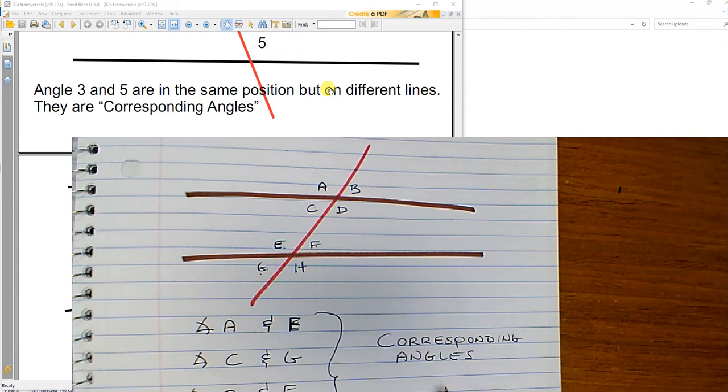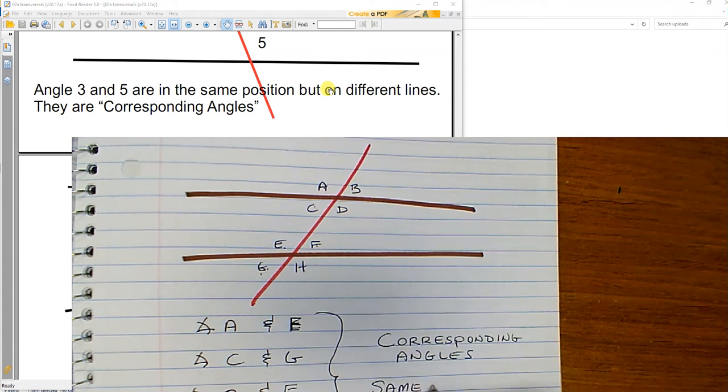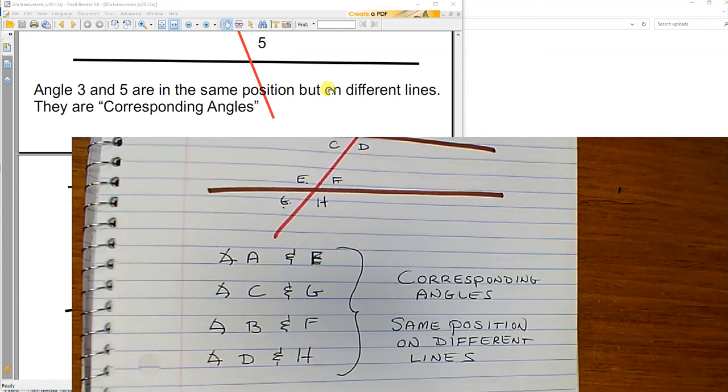Same position on different lines. Corresponding angles: same position on different lines.